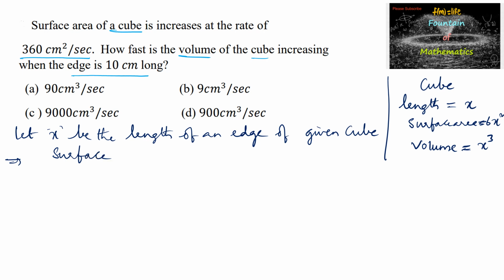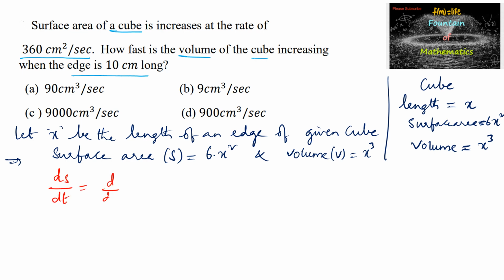The surface area, let us take capital S, is equal to 6 times x square, and the volume V is equal to x power 3 cubic units. So differentiating with respect to t, we have dS by dt is equal to d by dt of 6x square.